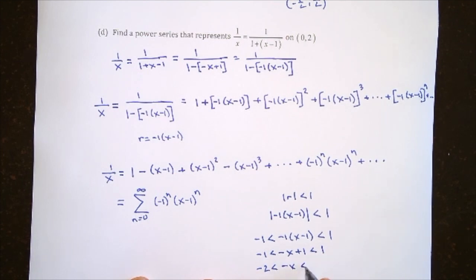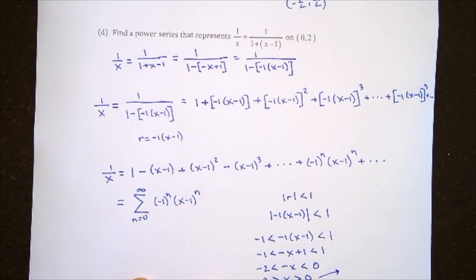So that makes negative 2 is less than negative x is less than 0. And then I'm going to divide by negative 1. So that's going to make this 2. I'm going to change the direction of the inequality. So instead of less than, it's going to be greater than x. And divide this by negative 1, and I'm going to change the direction of this inequality, which is greater than, and this would still be 0.